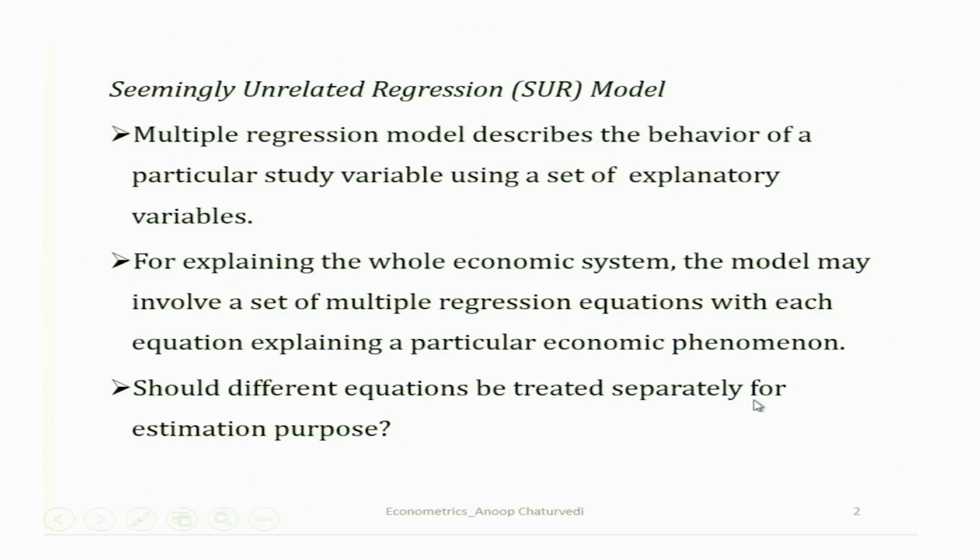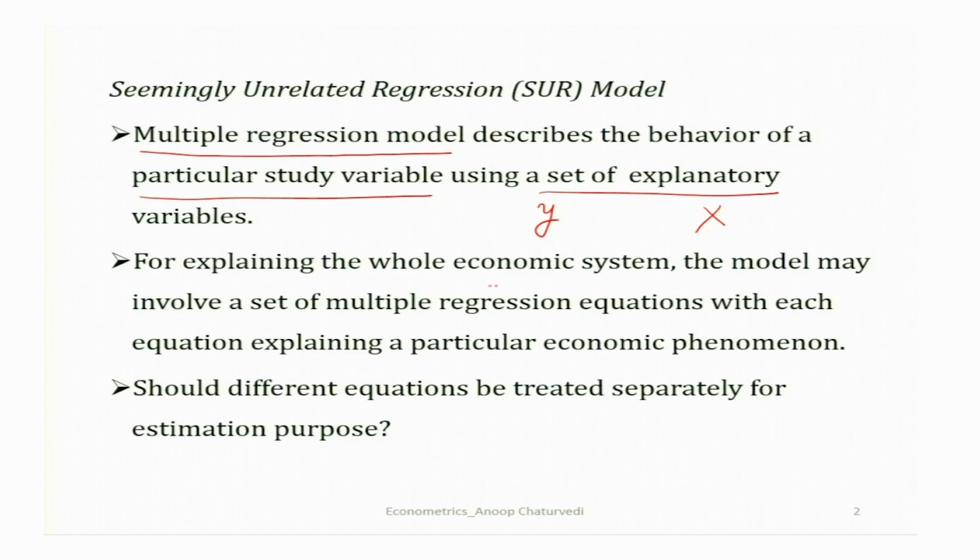Seemingly unrelated regression, or SUR model, is a multiple regression model which describes the behavior of a particular study variable, which you may denote by y, using a set of explanatory variables, the x's.